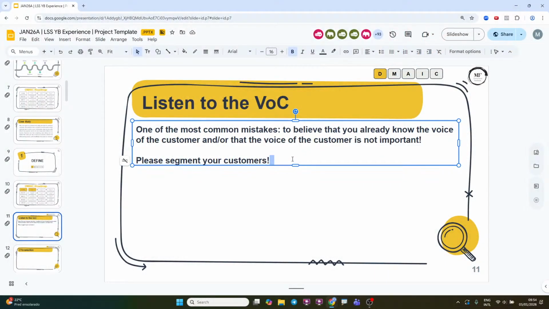If you have a person that goes there every single day and spends more money than anyone else, this voice is very, very, very much important. So please segment your customers based on criteria like revenue and frequency.